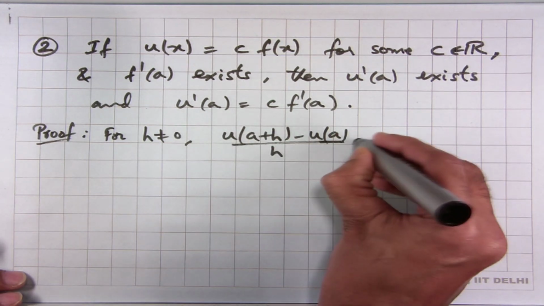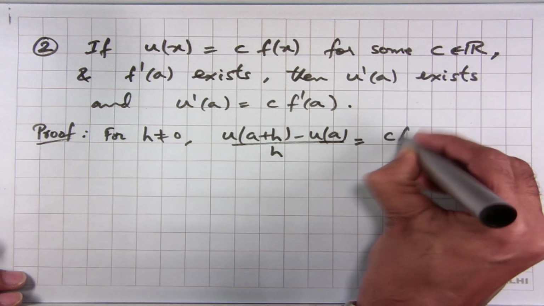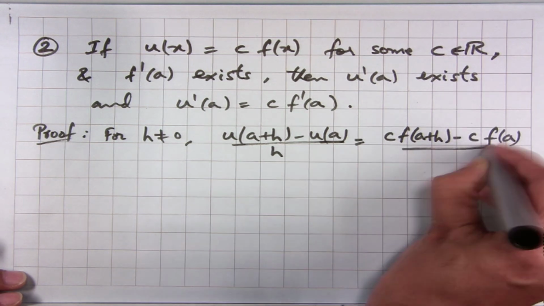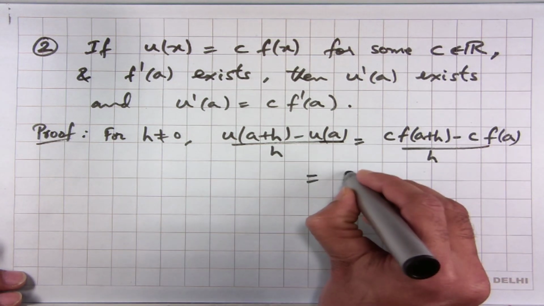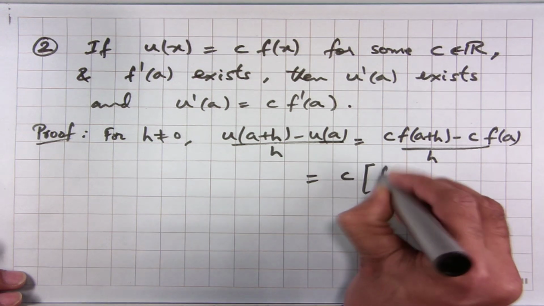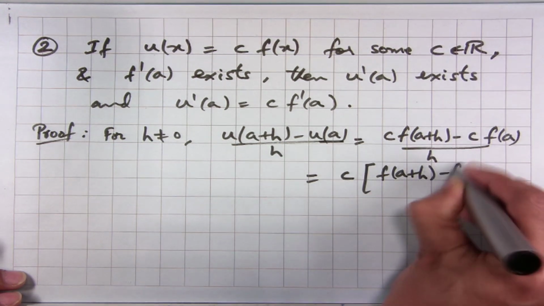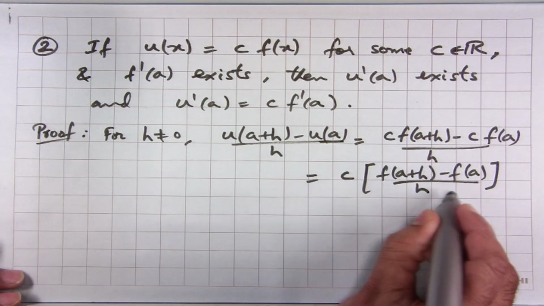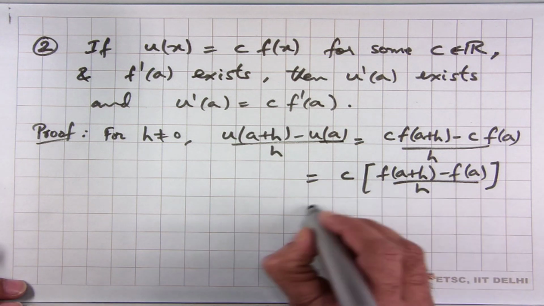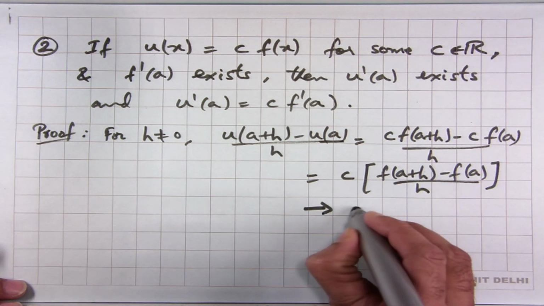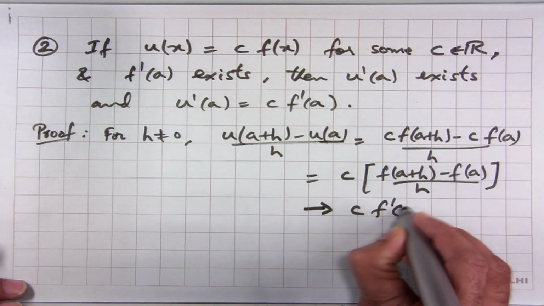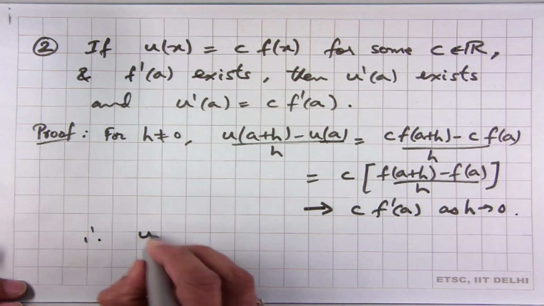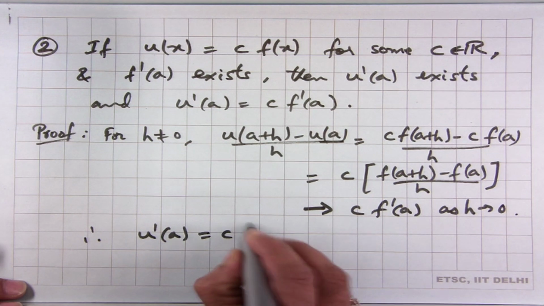This is equal to c times f(a plus h) minus c times f(a) divided by h, which is equal to, I can take c common, and then I have f(a plus h) minus f(a) divided by h, and we know that this limit tends to c times f prime a as h tends to 0. Therefore, u prime a is equal to c times f prime a.